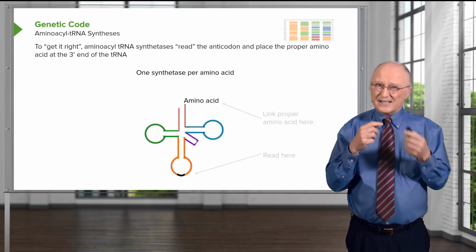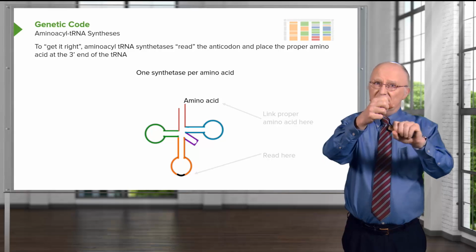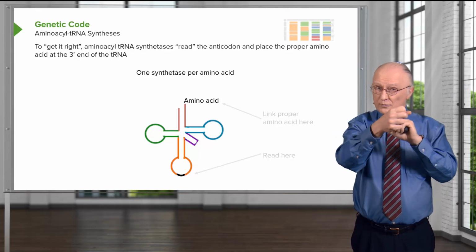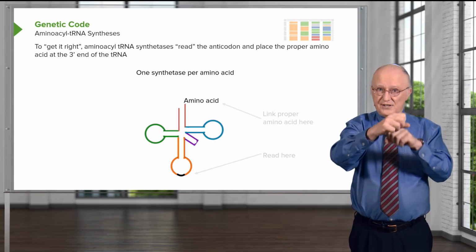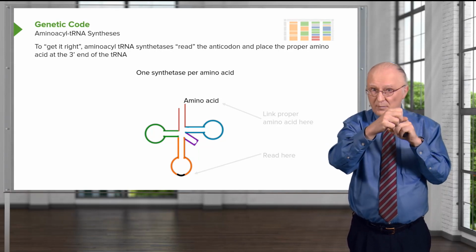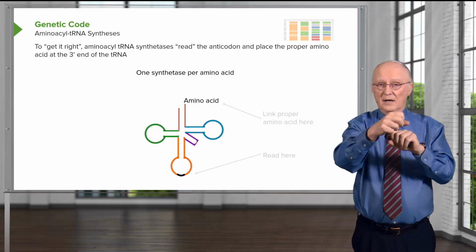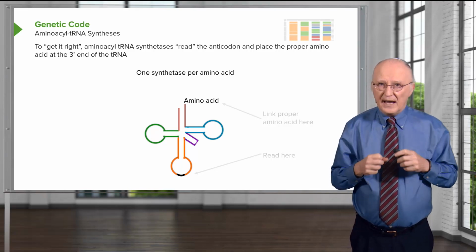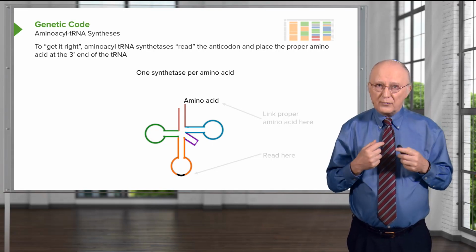Now, those synthetases have to be able to read slightly different anticodons at the end because the code is redundant, meaning that some amino acids are specified by more than one set of codons. But those synthetases have built that into them, and as a result are able to put the proper amino acid onto the transfer RNAs.